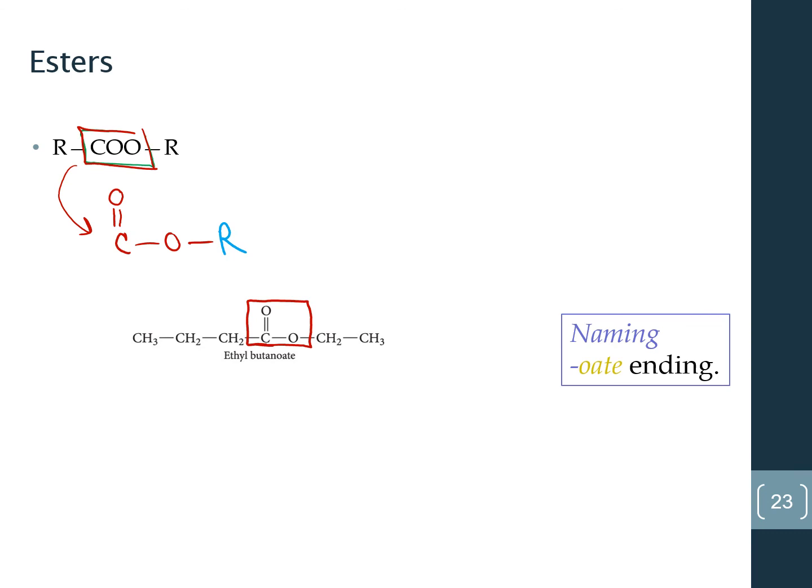You don't have an H bonded to that oxygen, so it's not a carboxylic acid. What you have bonded to that oxygen that is bonded to the carbonyl is something containing carbon, your R. Simplification: you see on the other side, you also have an R group.